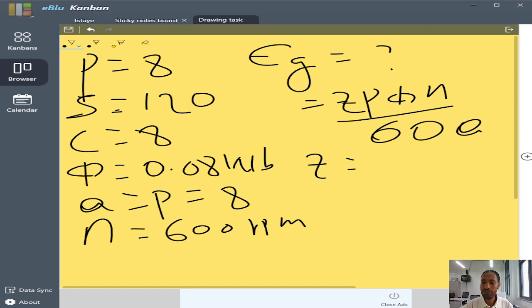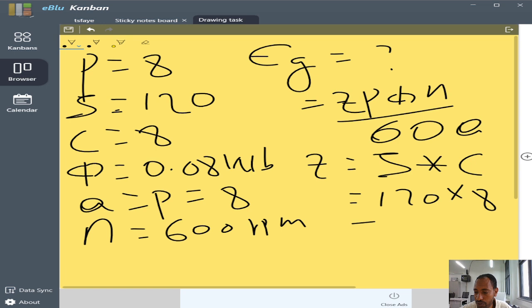Therefore, the number of conductors on our machine is the number of slots times the number of conductors in each slot. Z is going to be 120 times 8, which is 960 conductors in my machine. Now I came to know Z. P is already there, flux is there, N is given, A is equal to P, then directly plug in and get the values.